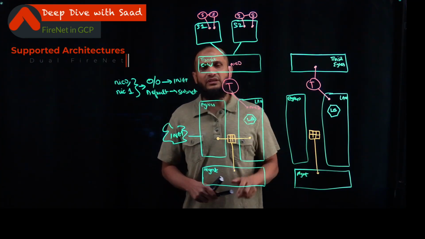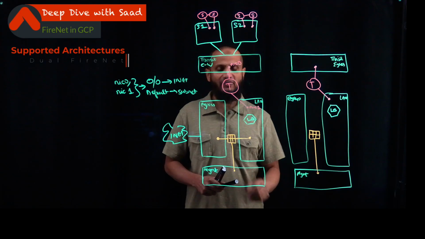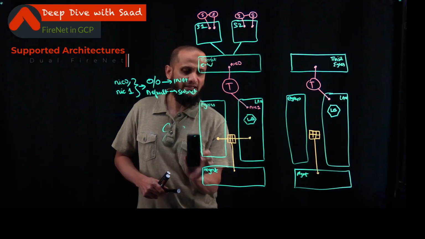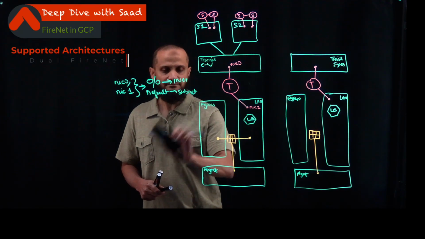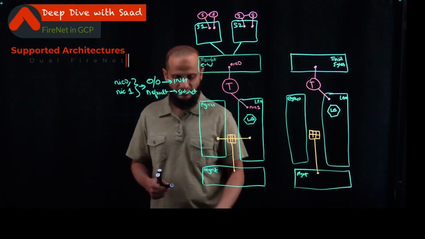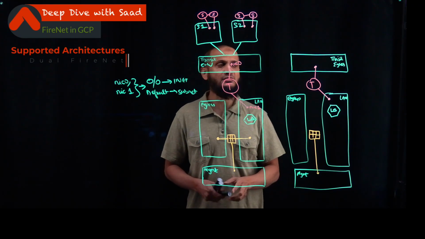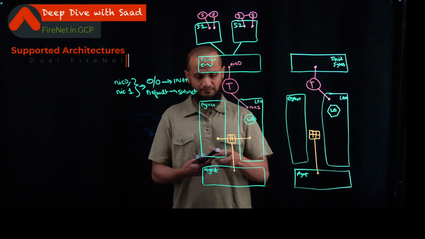When we have this architecture, which we call a dual FireNet, at this point we don't need the internet access from here, and then the spoke VPCs will be connected to both transits.